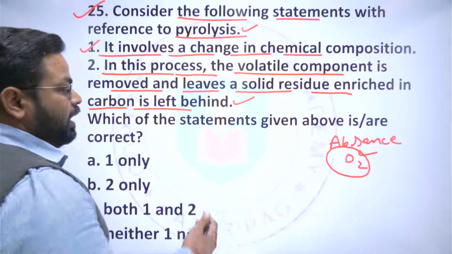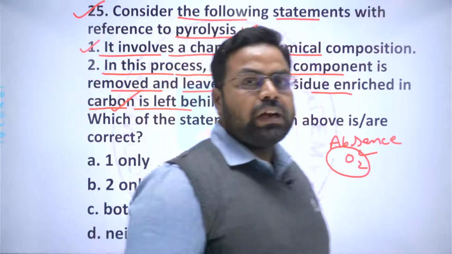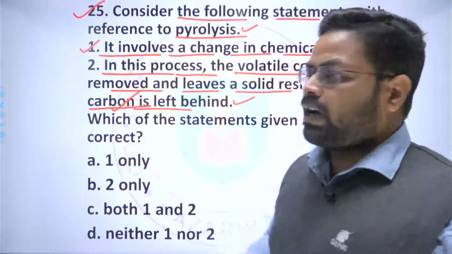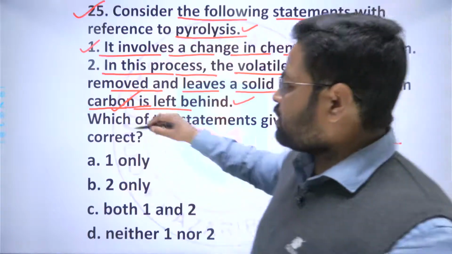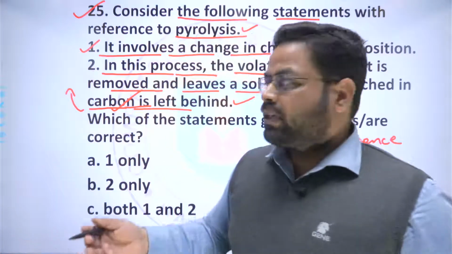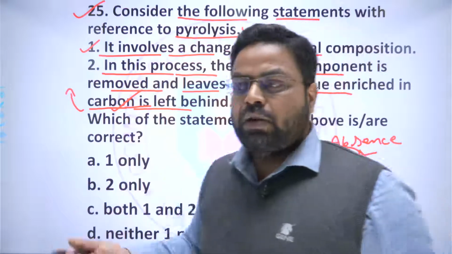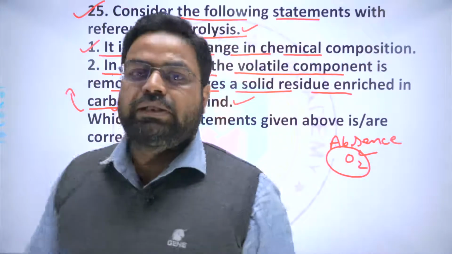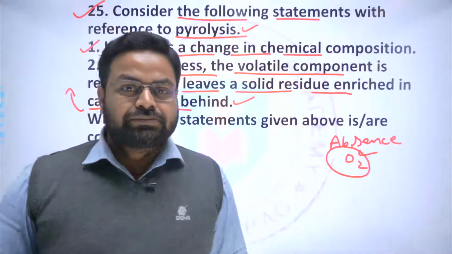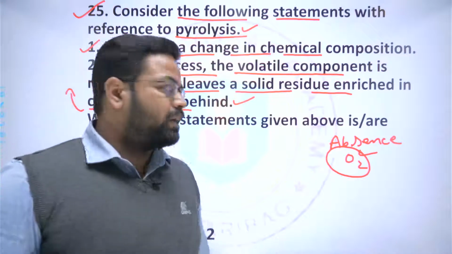As the carbon has not burnt out, it is left behind and the residue will be carbon rich. If it is done at a very high temperature and there is very high carbon content because of that, then it is also called carbonization. This process is also called carbonization, in which we find a very high amount of carbon, right?